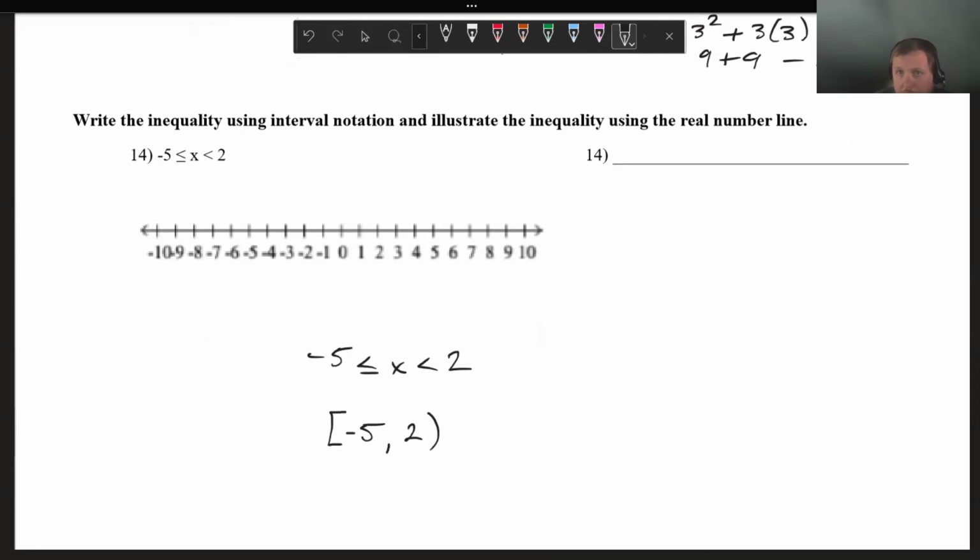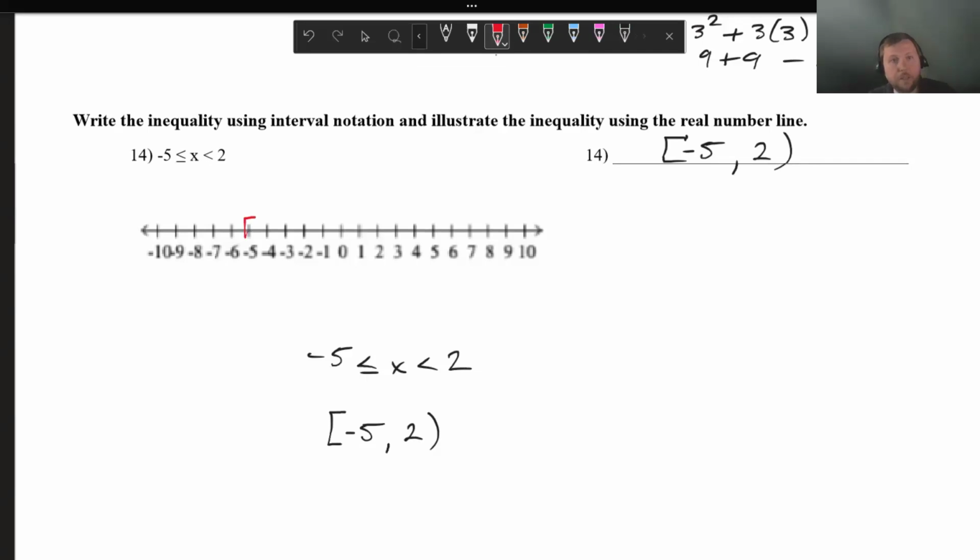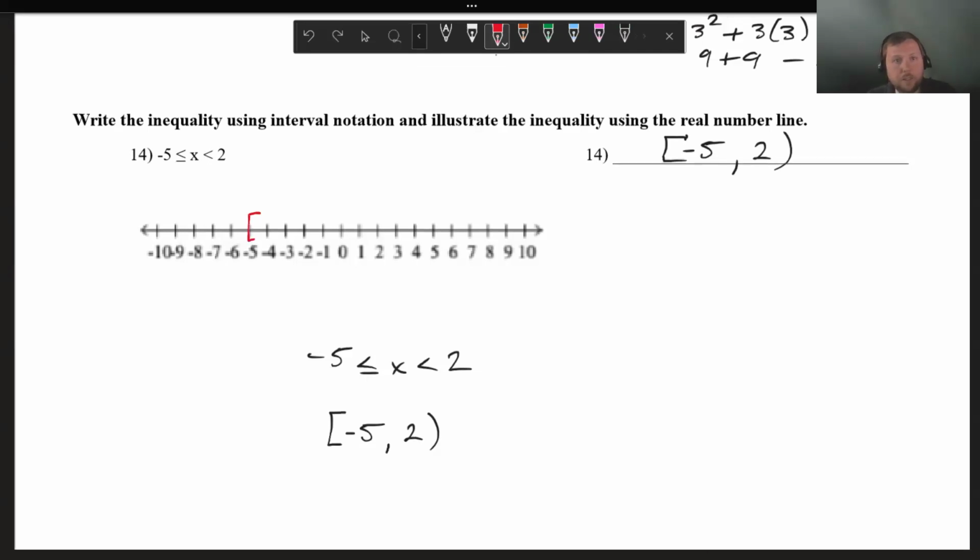So I'm going to put that up here. So negative 5 to 2. And then negative 5, let's see if I can mark that just a little bit better, to positive 2 on my number line.